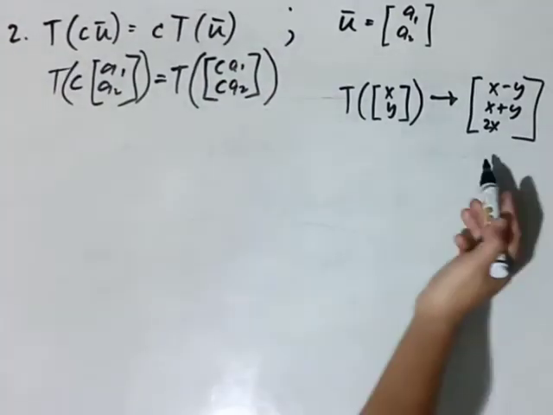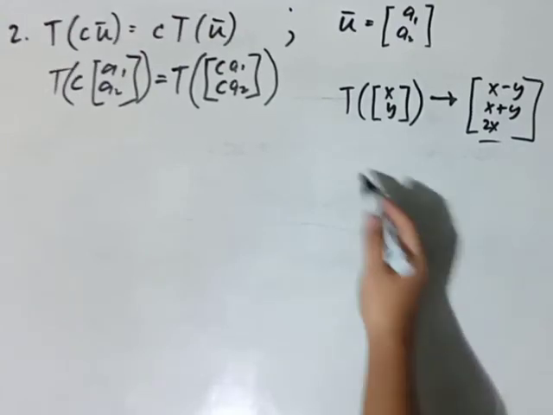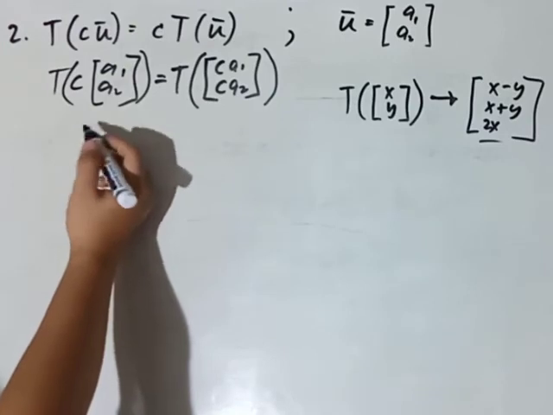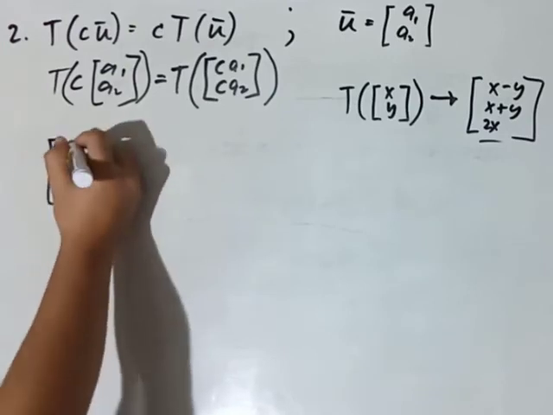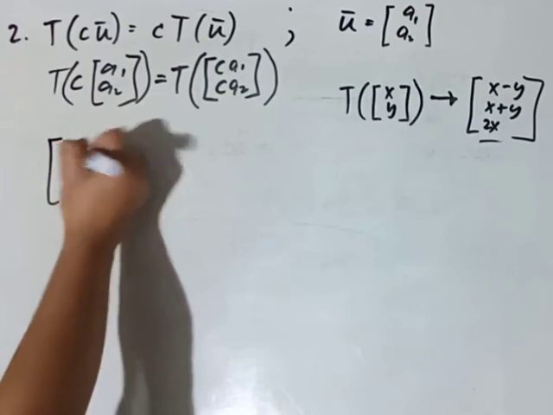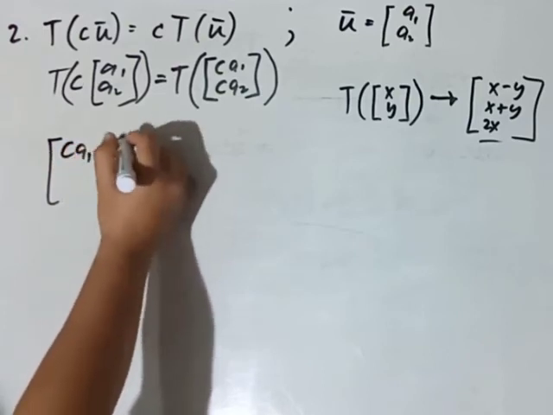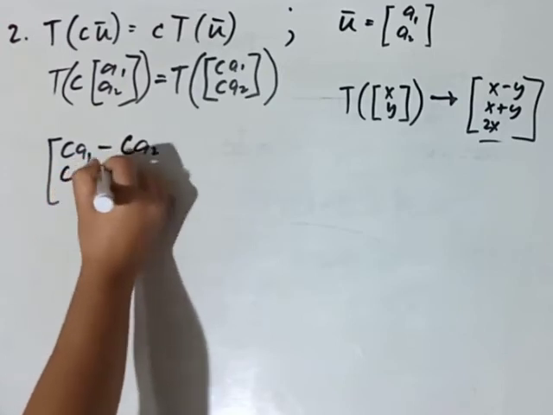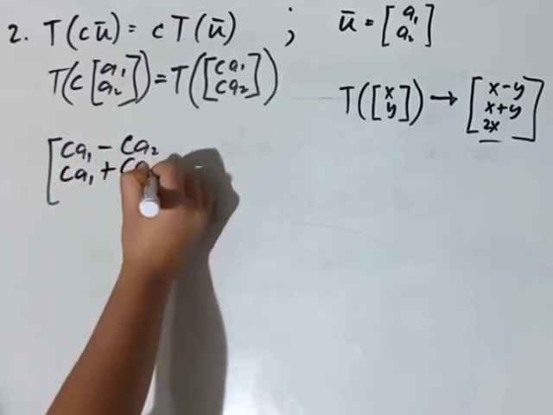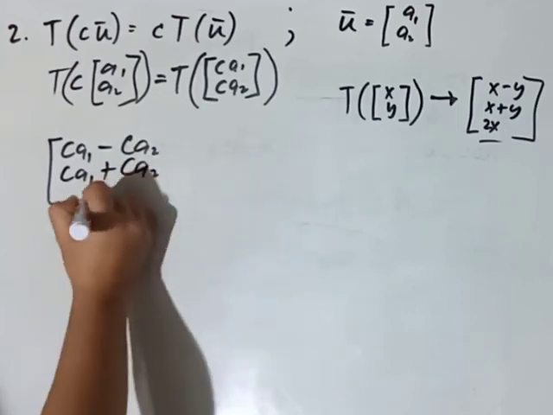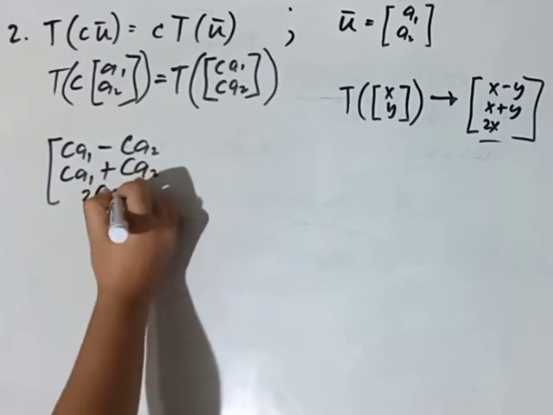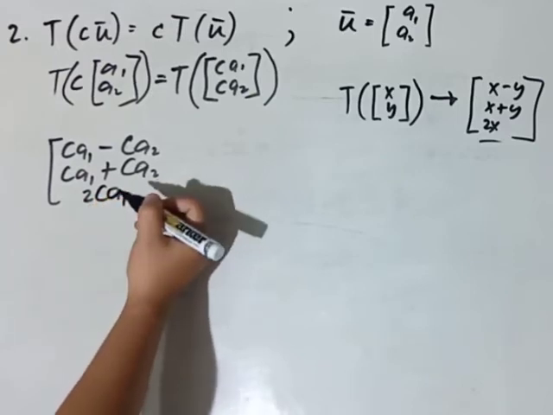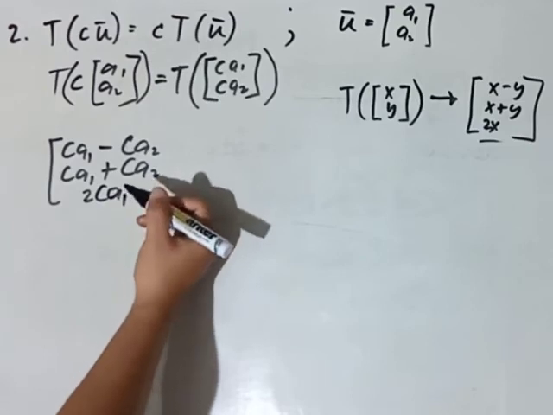So now we're gonna use this rule in this transformation. So that would be the first component, which is C a sub 1 minus C a sub 2, C a sub 1 plus C a sub 2, and twice C a sub 1, or twice the scalar times a sub 1.